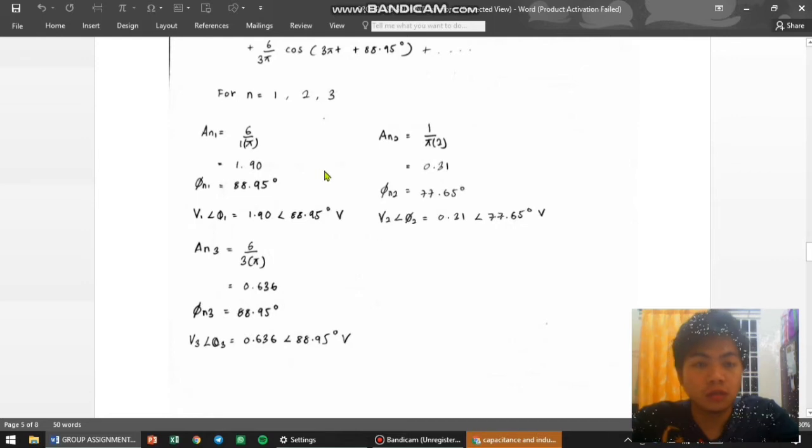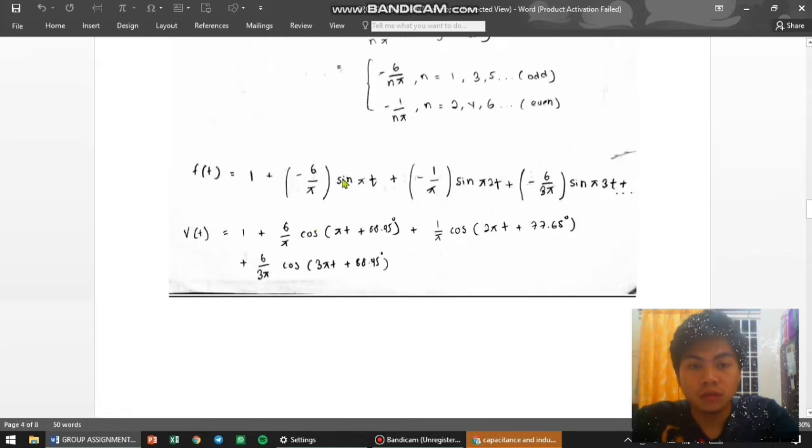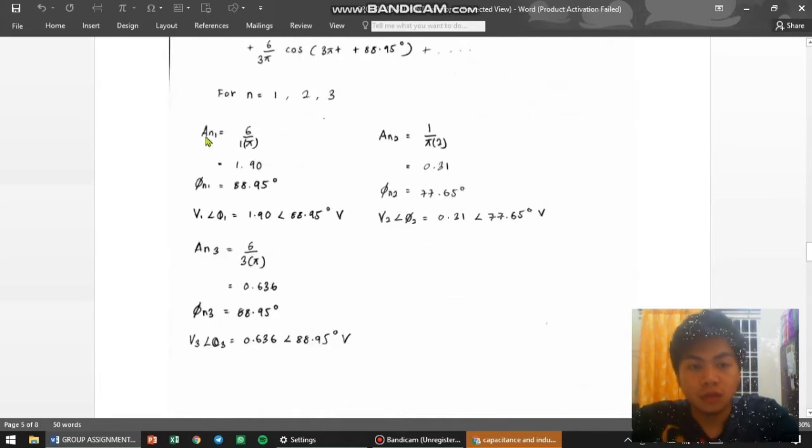Okay, so for the circuit analysis, for the manual calculation, first we are going to find the amplitude phase form for the general equation that we got last time. So the last time we got this kind of equation. From that we can find the amplitude by using the formula square root of a n squared plus b n squared.